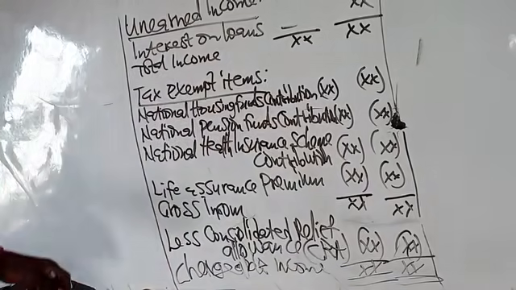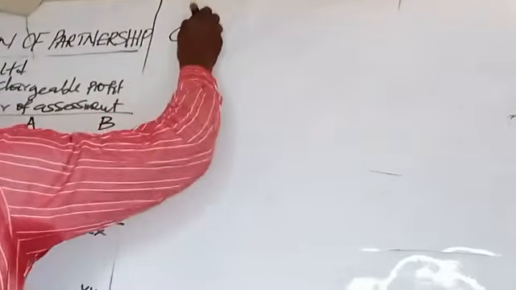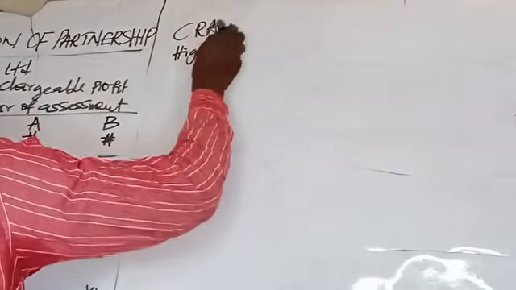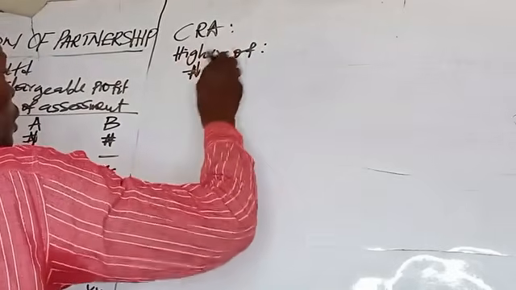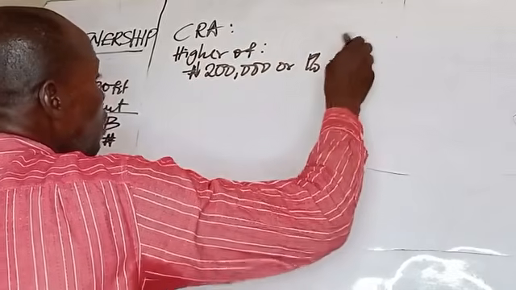How do you compute your CRA, consolidated relief allowance? Consolidated relief allowance is usually higher of 200,000 naira or 1% of gross income.